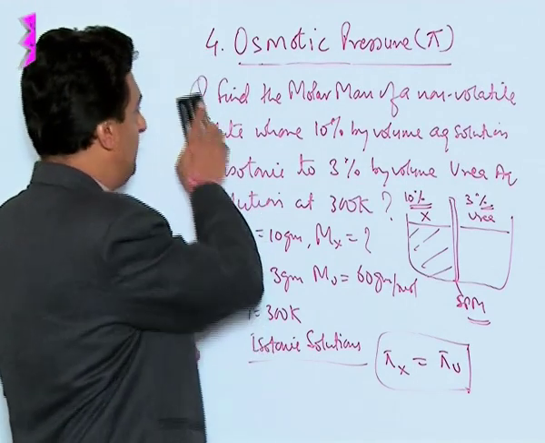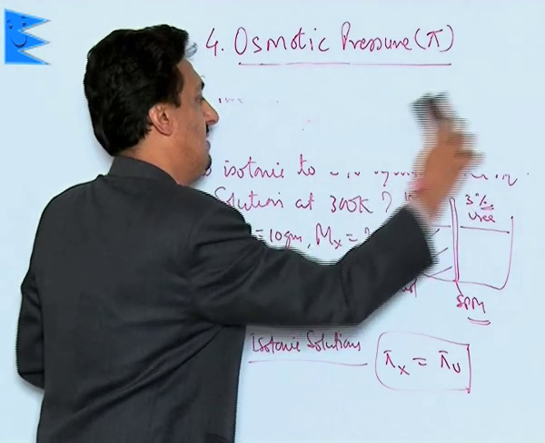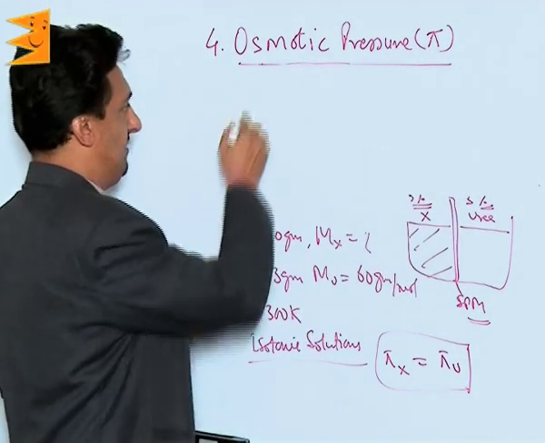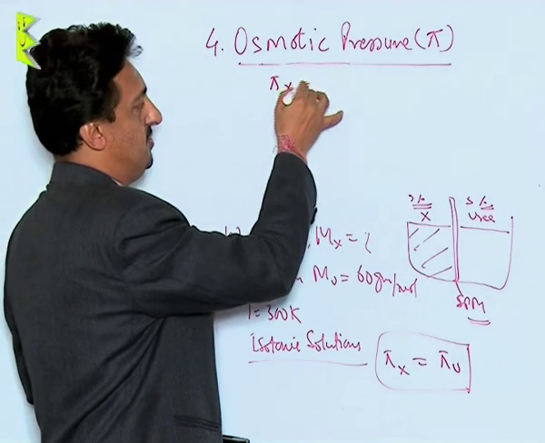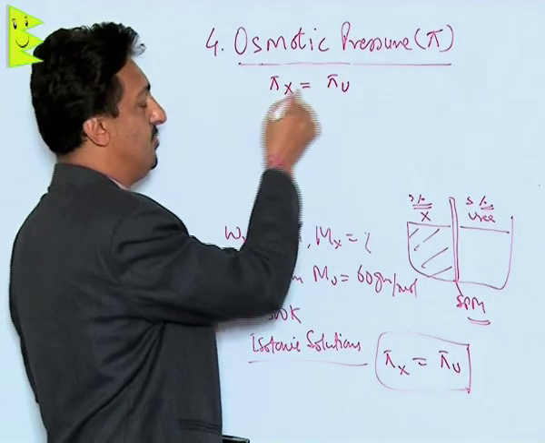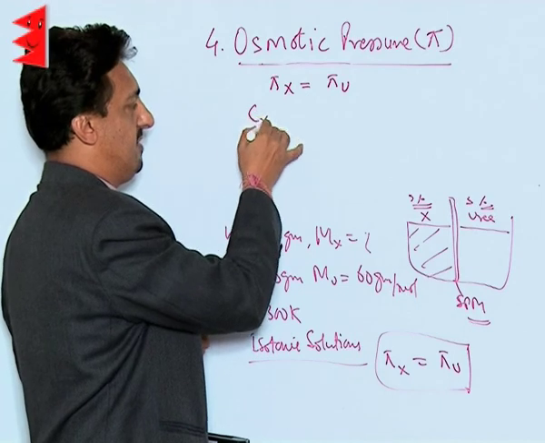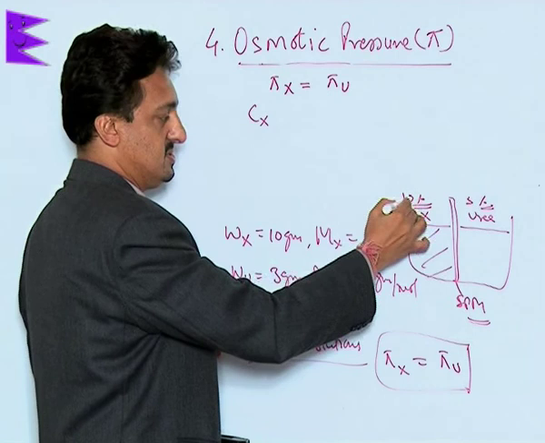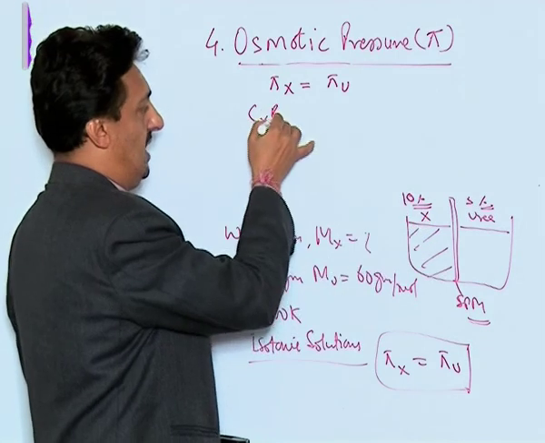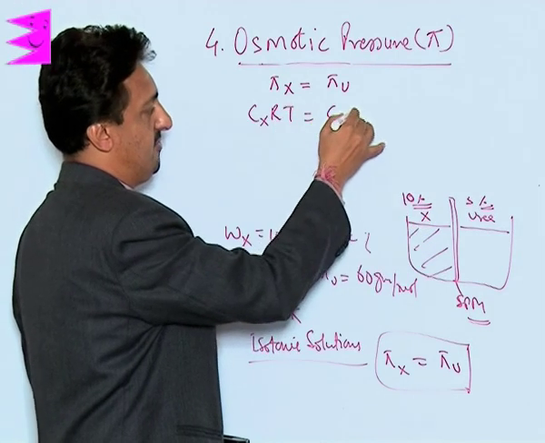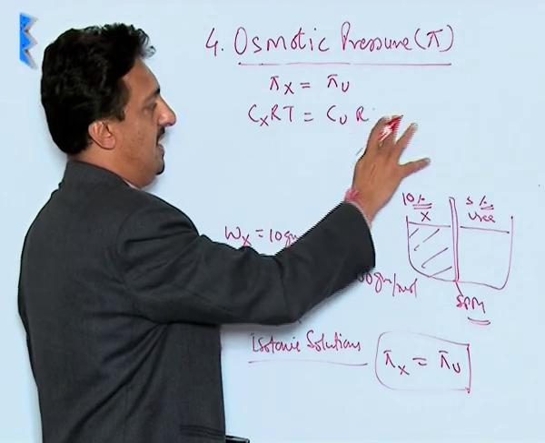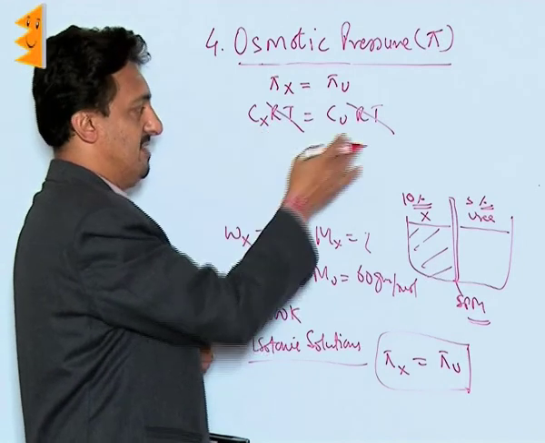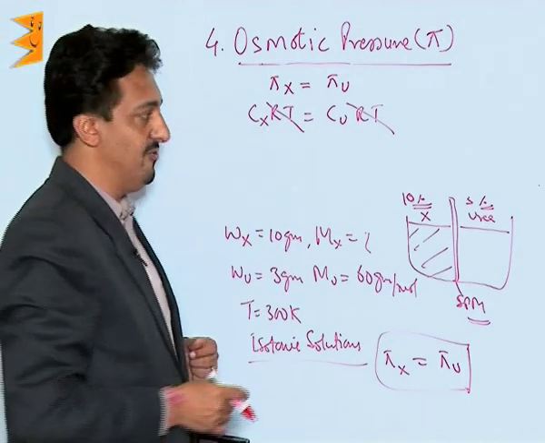Now let us put the values into this simple comparison. If the pi due to the unknown solution is equal to the pi due to the urea solution, we can write the concentration of the unknown solution into RT equals the concentration of the urea solution into RT. Since R and T are the same in both cases, they get cancelled. So it is a comparison of the concentration of the unknown solution and the urea solution.